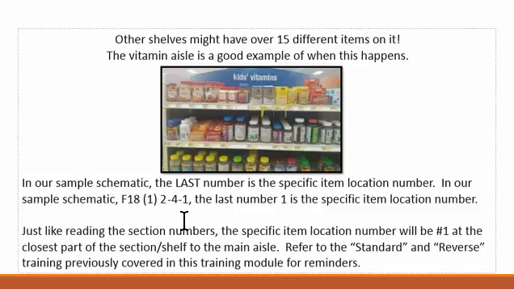And just like reading the section numbers, the specific item location number will be number 1 at the closest part of the section or shelf to the main aisle. Again, talking about standard versus reverse, that number 1 could be on the left side or the right side. If it's a standard planogram, you're going to go 1, 2, 3, 4, 5, 6, and so on. Whereas in a reverse planogram, you'd count the same way, but starting from the other side.